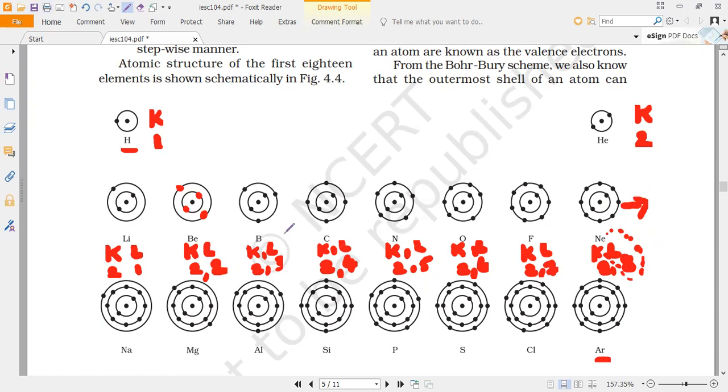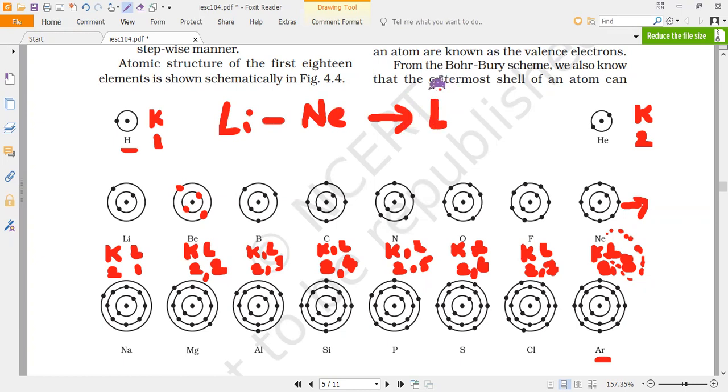Have you noticed, in all these, from lithium to neon, what is the valence shell? L shell. And lithium, what are the valence electrons? 1.